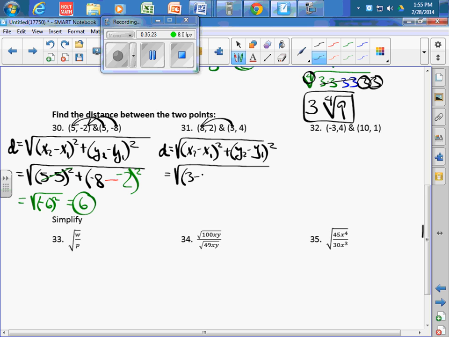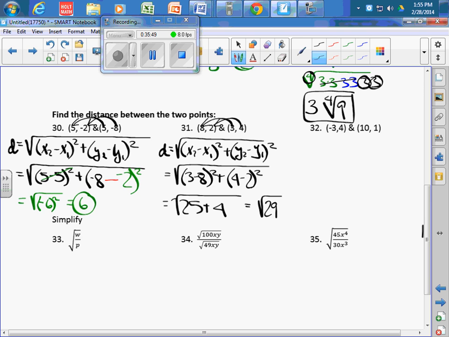You're going to have 3 minus 8 squared plus, then 4 minus 2 quantity squared. 3 minus 8, negative 5. Negative 5 squared is 25. So I'm going to have the square root of 25 plus 4 minus 2 is 2 squared is 4. We're talking about the square root of 29.